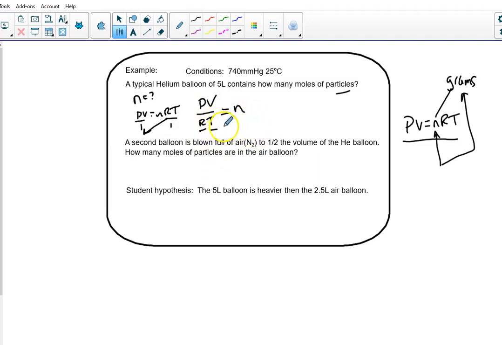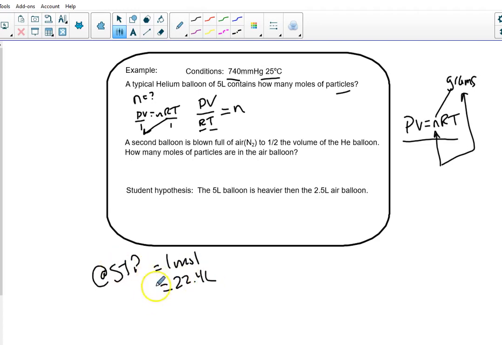So a 5-liter balloon contains how many moles of particles? Okay, so these are my conditions. Another shortcut is that at STP, 1 mole of any gas equals 22.4 liters.